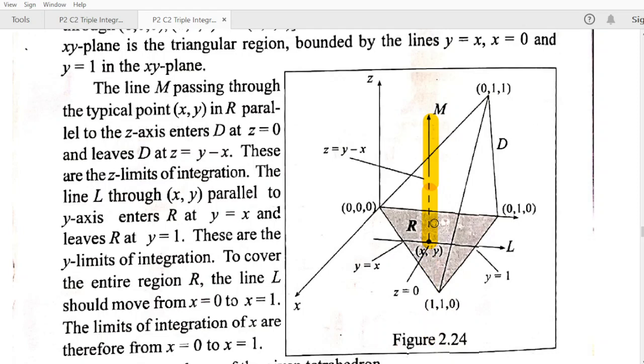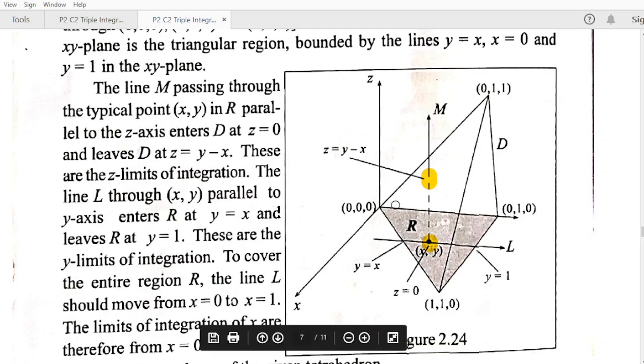So we see that this line M enters this region at this point and exits our region at this point. This point is a point on this particular plane. So we have to find the value of z at this point and at this point to get the limit of z.